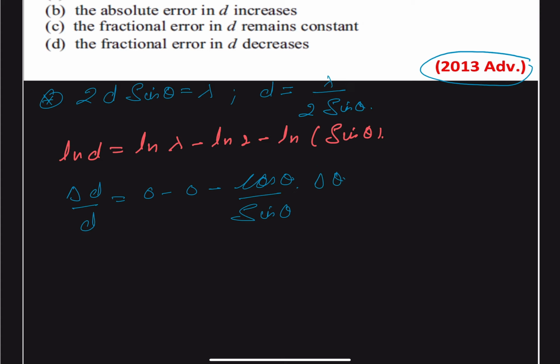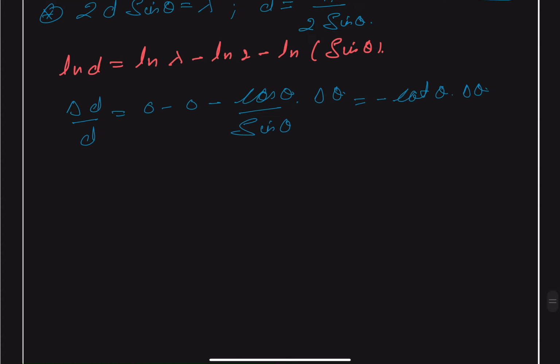Therefore, this will be equal to minus cot theta times delta theta. If we are mainly interested in the magnitude, then delta d upon d in magnitude will be equal to cot theta times delta theta.